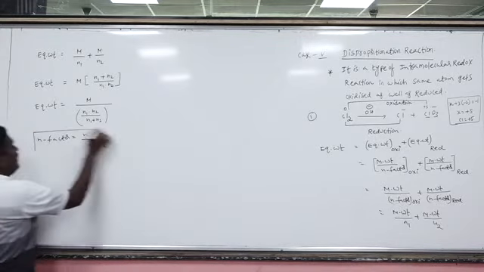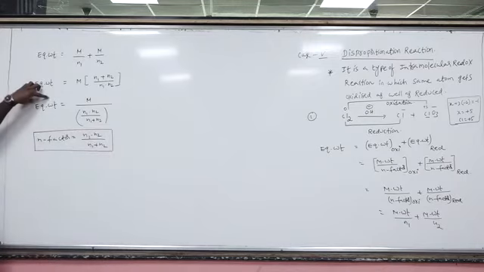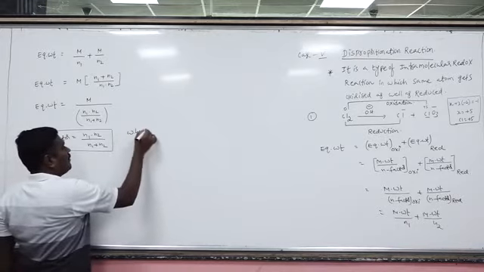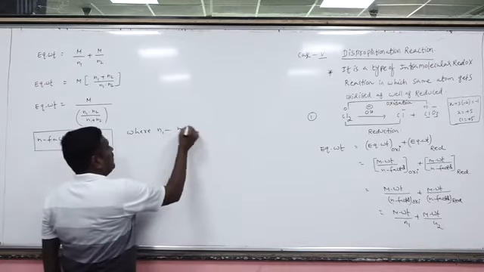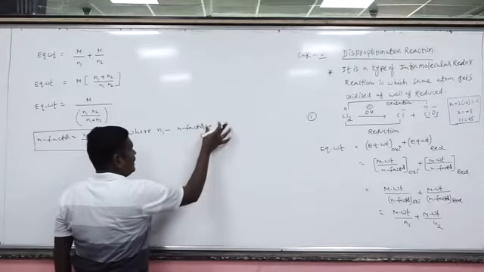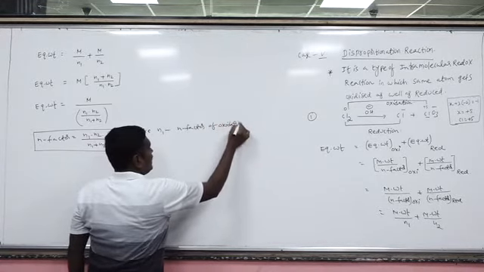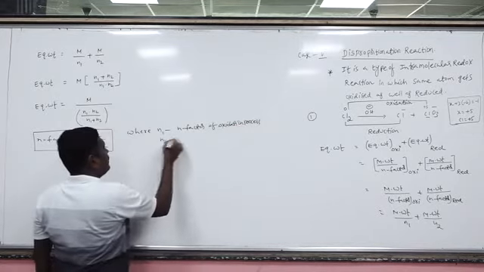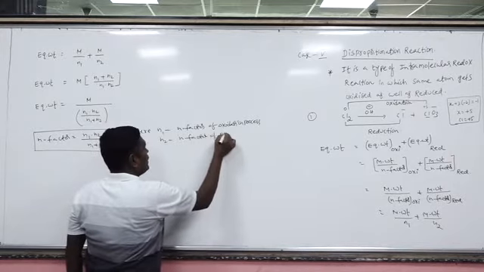Once we know the N factor, we can easily calculate the equivalent mass. Where N1, what is N1? The N factor of the oxidation process. N2 corresponds to the N factor of the reduction process.